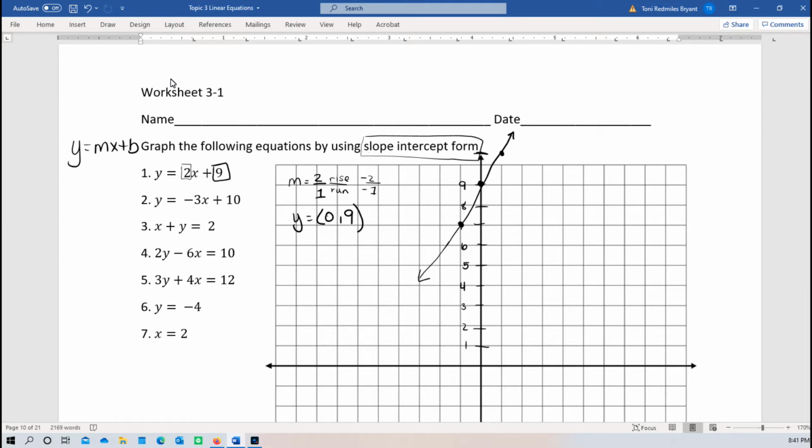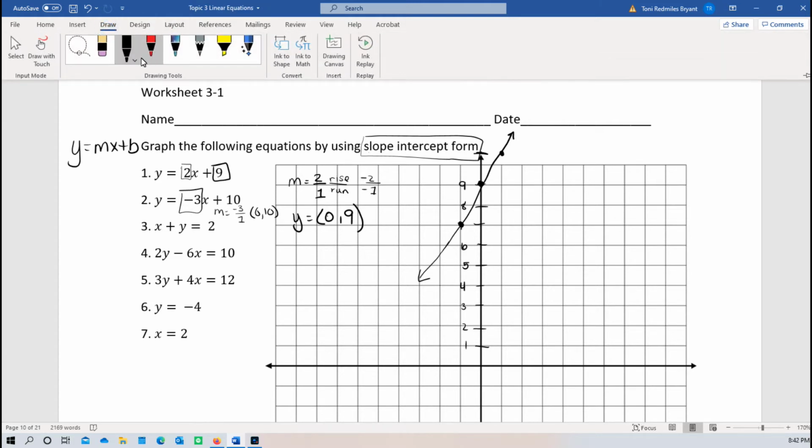All right, for the next one, my M, the way I'm going to move is going to be down 2 over 1, and I have a y-intercept of 0, 10. So this time I do need to go off the graph a little bit.